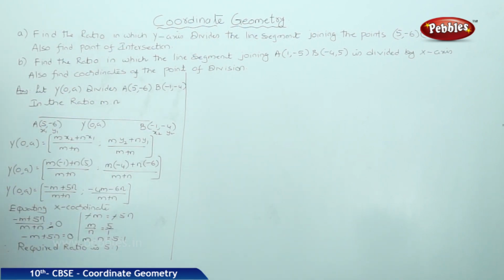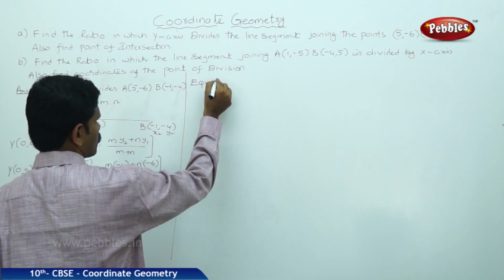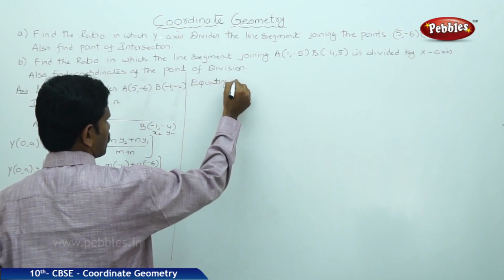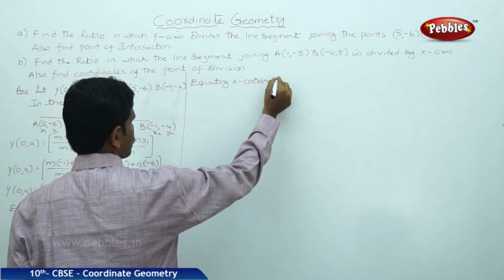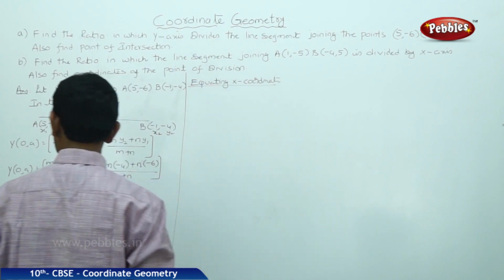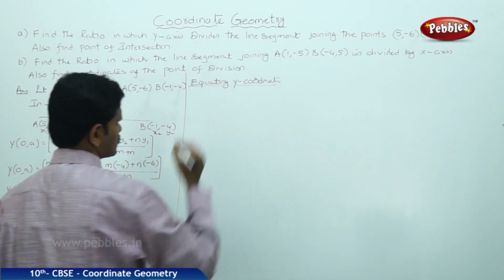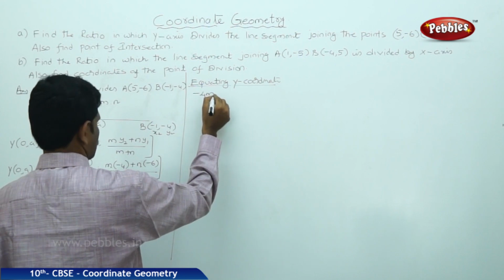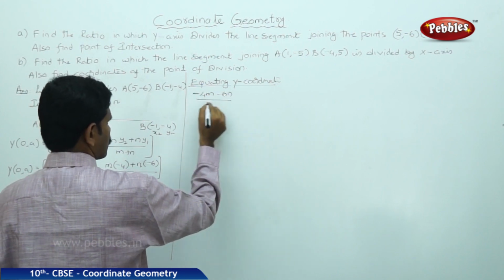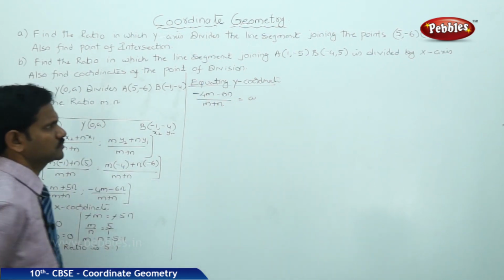Point of intersection means here a value is unknown, we have to find out the value of a. Equating the x coordinate is over. Next equating the y coordinates, (minus 4m minus 6n) by (m plus n) is equal to a.